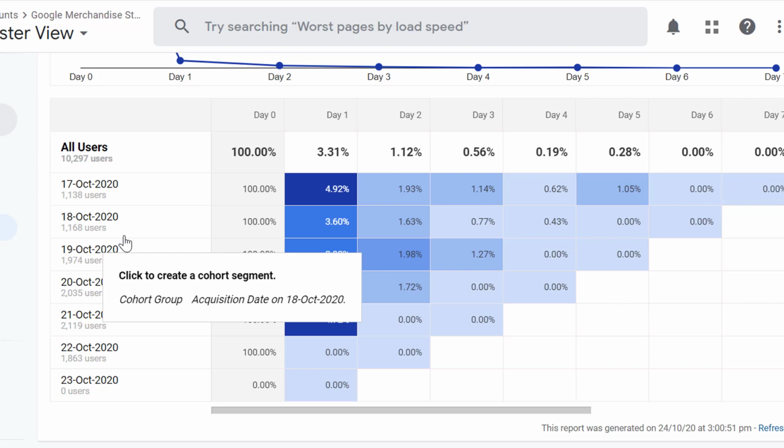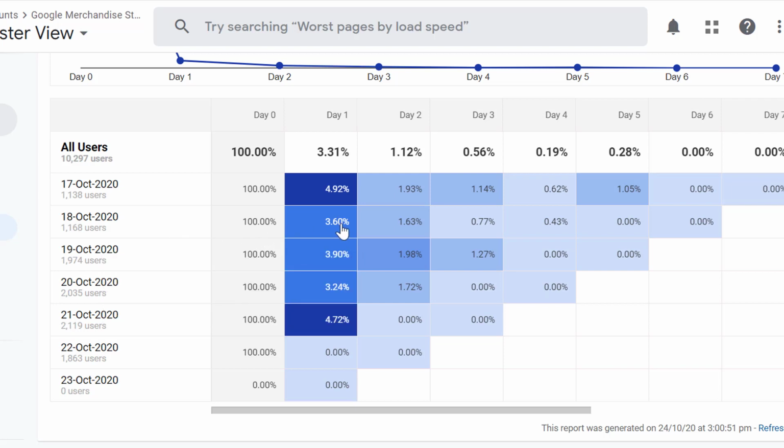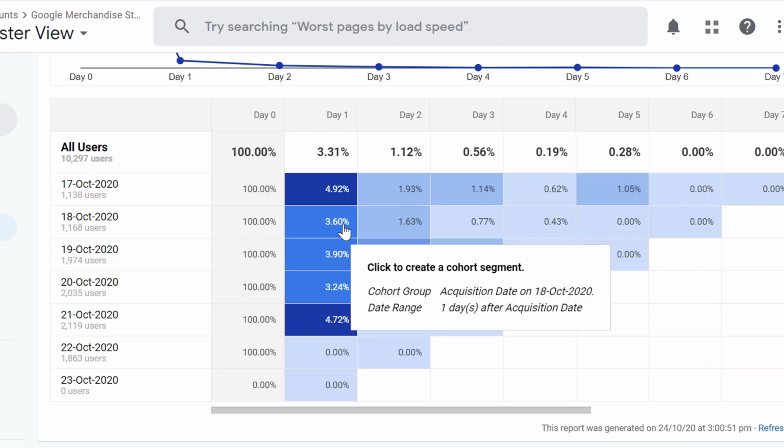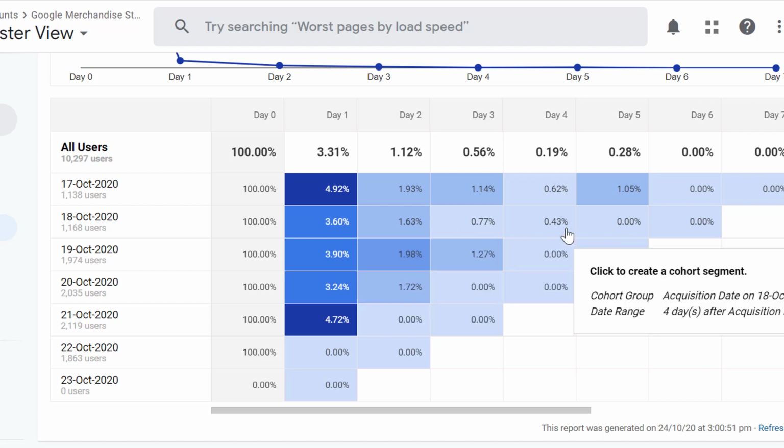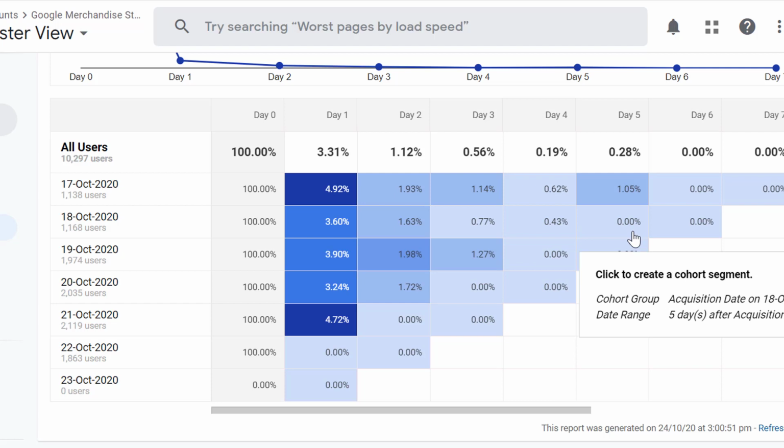So out of these 1168 users acquired by my website on 18th of October 2020, which is day 0, 3.60 revisited my website on day 1, which is the very next day, and then 1.63 came on day 2, then 0.77 on day 3, and 0.43 on day 4, and again it came to 0. It merged with the x-axis.